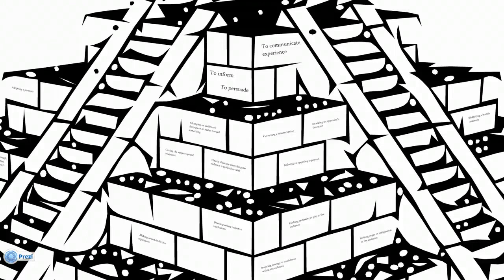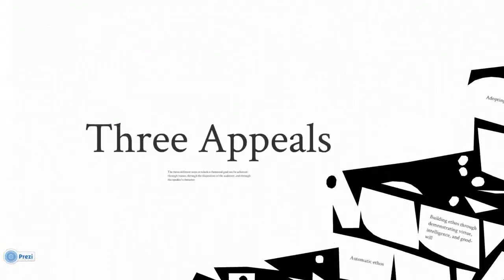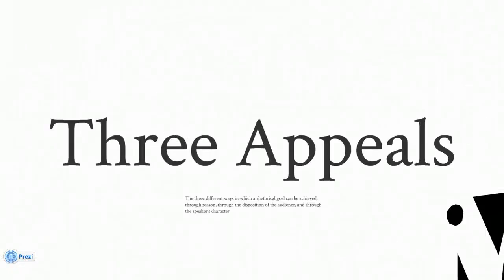Okay? Supporting that level of rhetorical goals is the level I'm calling the three appeals. Now you remember the three appeals from when we first started studying rhetoric. We studied them as logos, ethos, and pathos. I don't like to use those terms very much, primarily because students forget what they mean and they start attributing definitions to ethos especially that it's not really what ethos is.